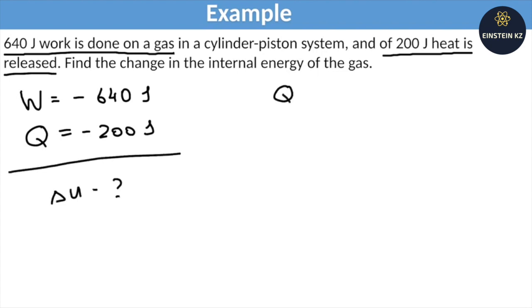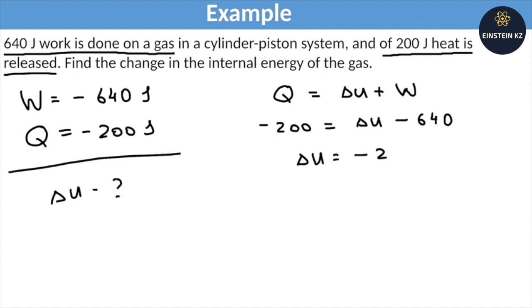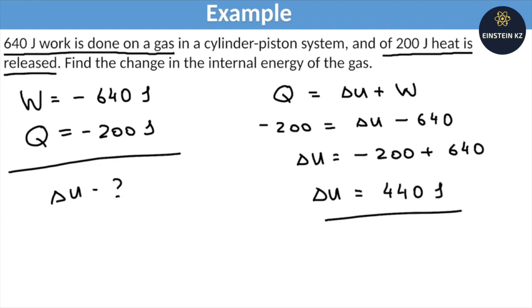If we write the formula, Q is equal to delta U plus W. If we substitute the numbers, Q is minus 200 equals delta U minus 640. Delta U is equal to minus 200 plus 640. So delta U is equal to 440 joules.